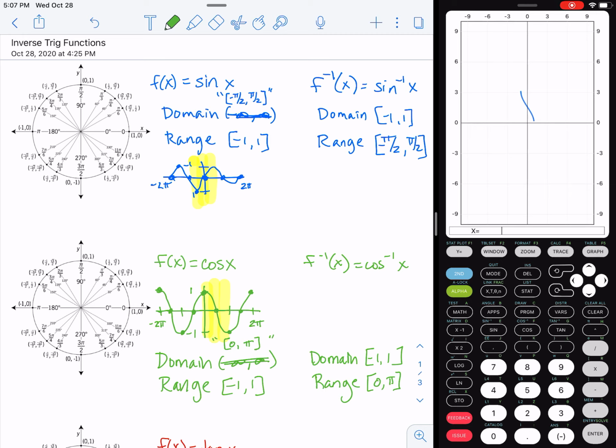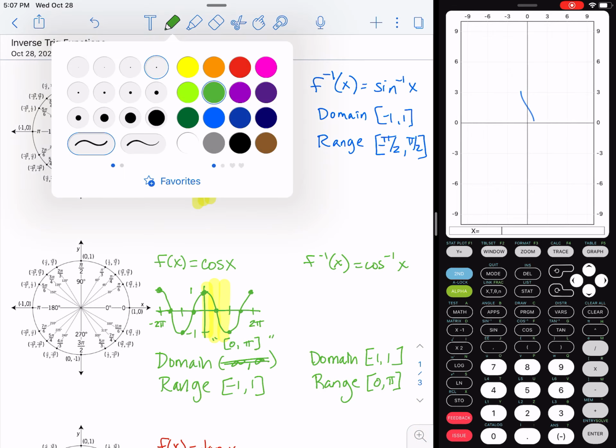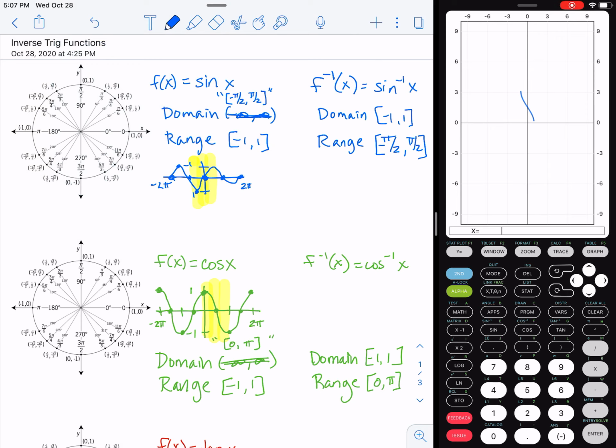Okay? Now, I've got the unit circle here to the left. And I want to talk about this inverse sine. And so if the inverse sine domain goes from -1 to 1, then that means the output is going to be from -pi/2 to pi/2.